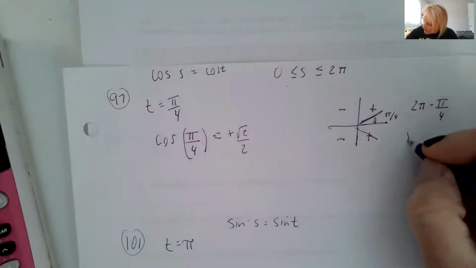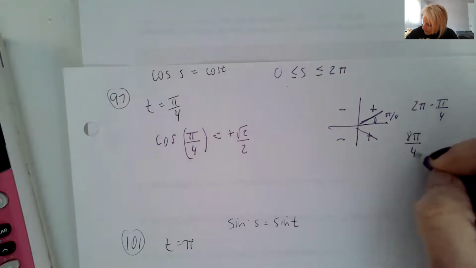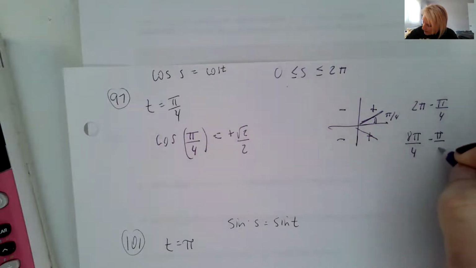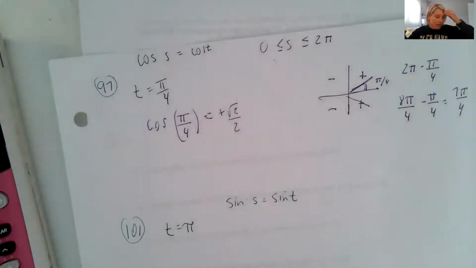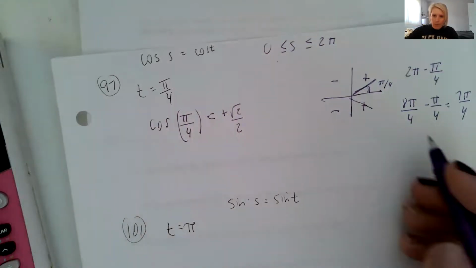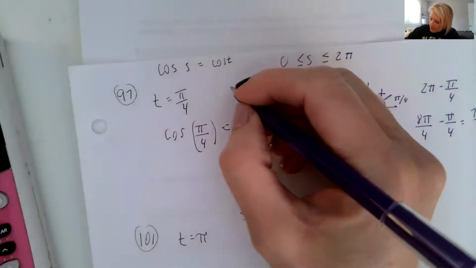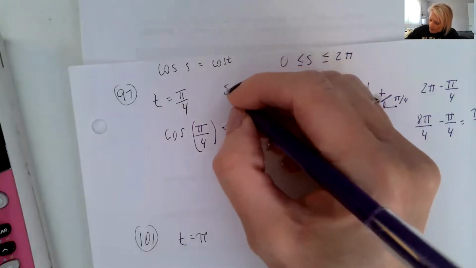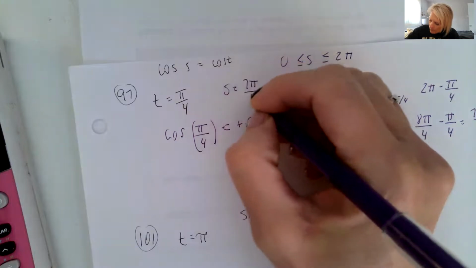So 2 pi is the same as 8 pi over 4 minus pi over 4. So it should be 7 pi over 4. I'm confident that that's what it should be. So S should be 7 pi over 4.